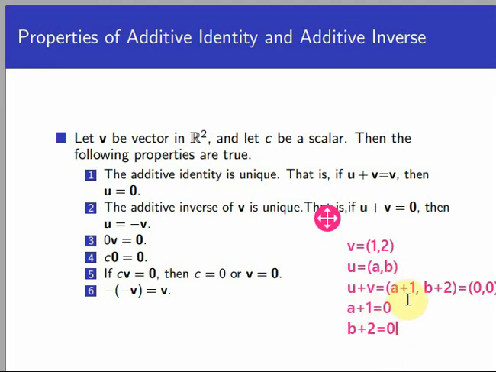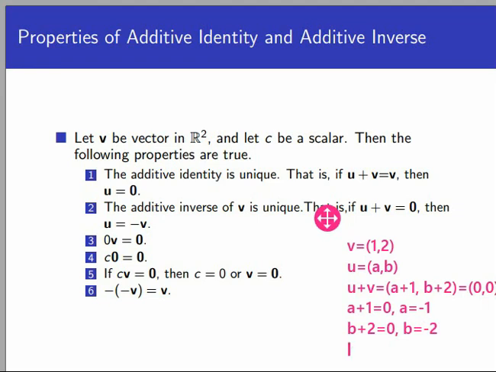And from this, a is equal to what? a is equal to negative 1, and from here, b is equal to negative 2.